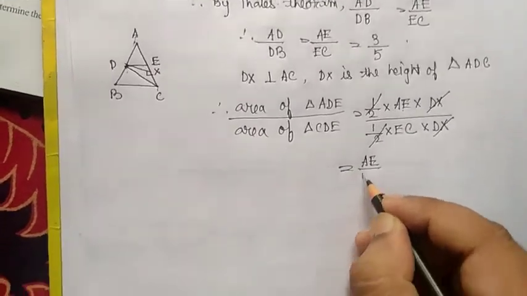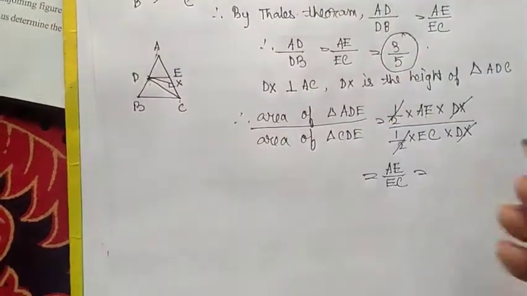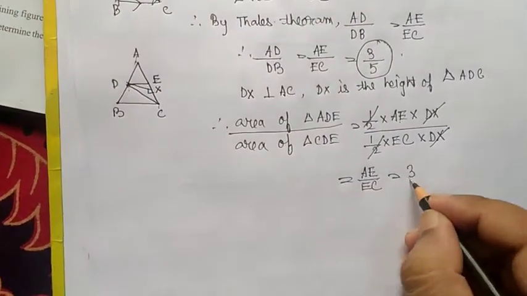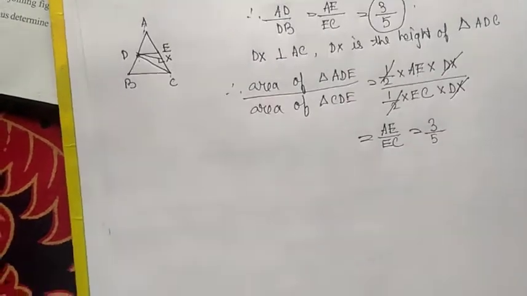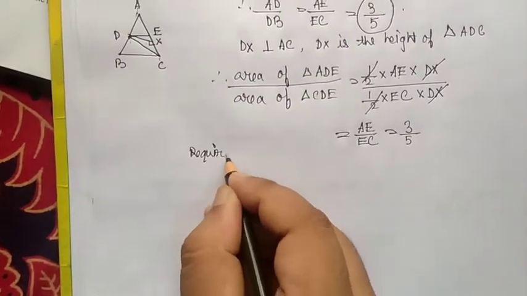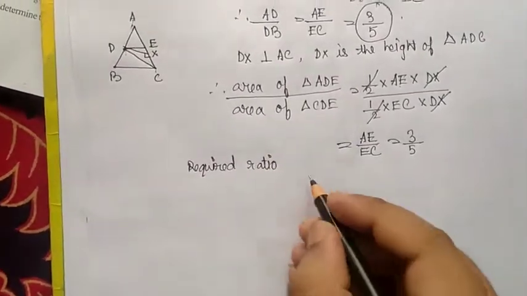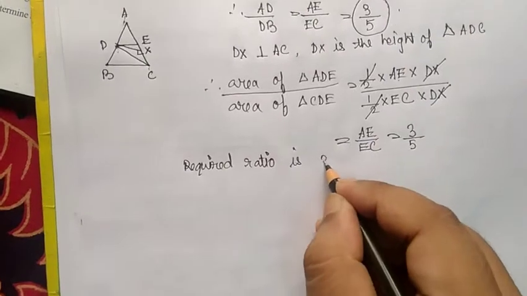We know that AE by EC is 3 by 5, so the required ratio is 3:5.